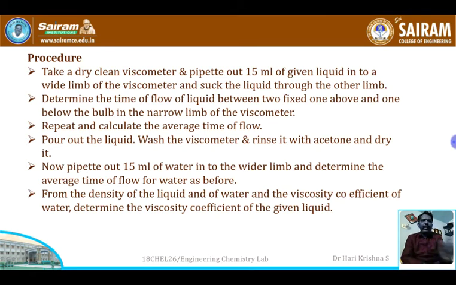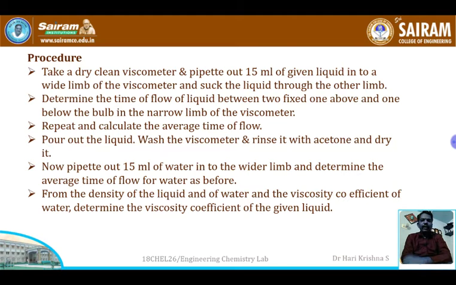We put it in the wider limb, and using the smaller limb we suck the liquid. We determine the rate of flow of the liquid. The upper bulb has 2 marks, and we measure the time for the liquid to flow from one mark to the other.